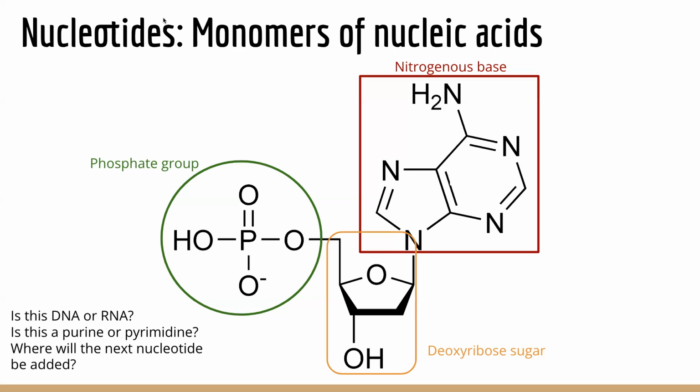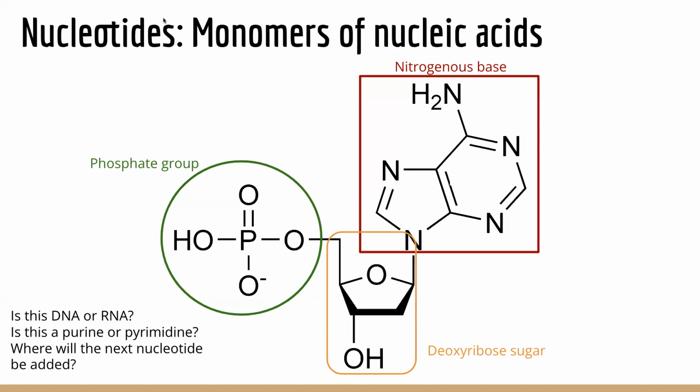So this is the sugar group, right? The way that we label the sugar group is that this is 1', 2', 3', 4', 5' carbon. And in RNA, there is a hydroxyl group on the 2' and the 3' carbon, but in DNA, there's only a hydroxyl group on the 3', right? So here there's only a hydrogen.